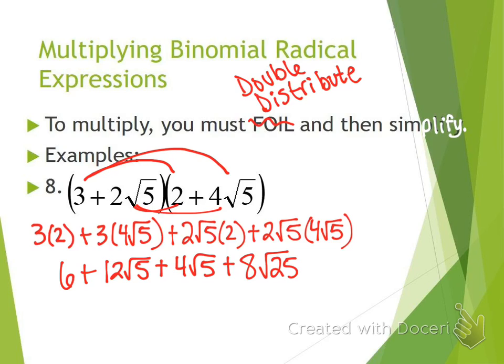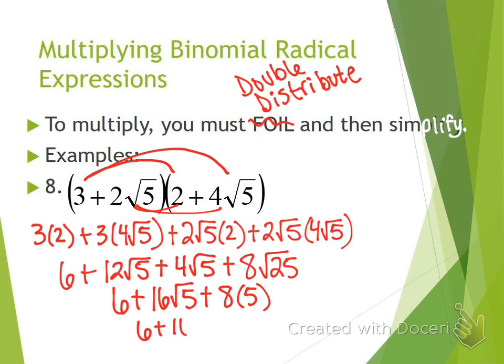What can be combined? 12 root 5 and 4 root 5. Good. We've got the same index, same radicand. So this becomes 6 plus 16 root 5 plus 8 times, what is the square root of 25? What is 8 times 5? 40.